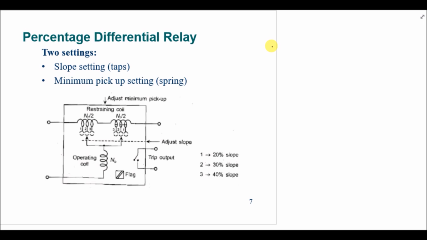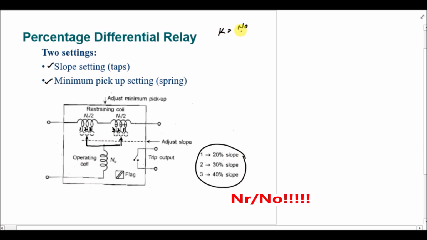Now in case of the percentage differential relay we have two settings. The first one is the slope setting and the second one is the minimum pickup setting. For the slope setting we have taps available on the restraining coil. So this is 1, 2 and 3, and with respect to these taps we can have different slopes because we know that K is equal to N_o over N_R.